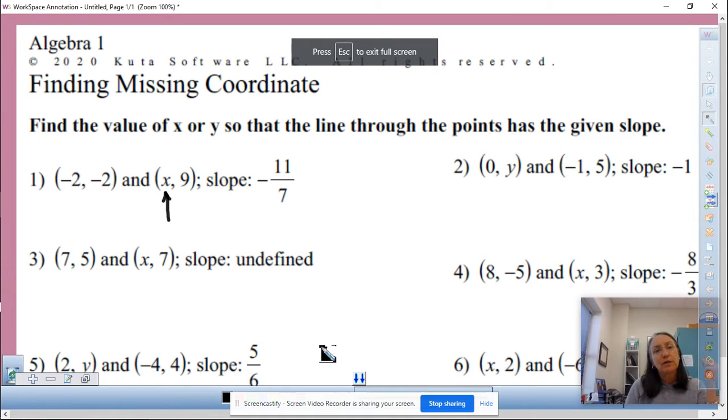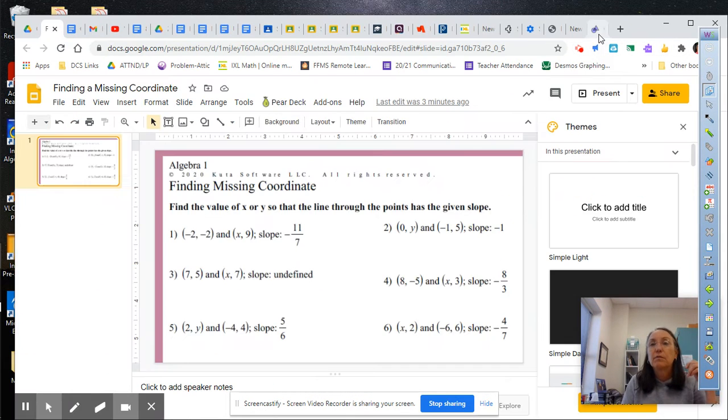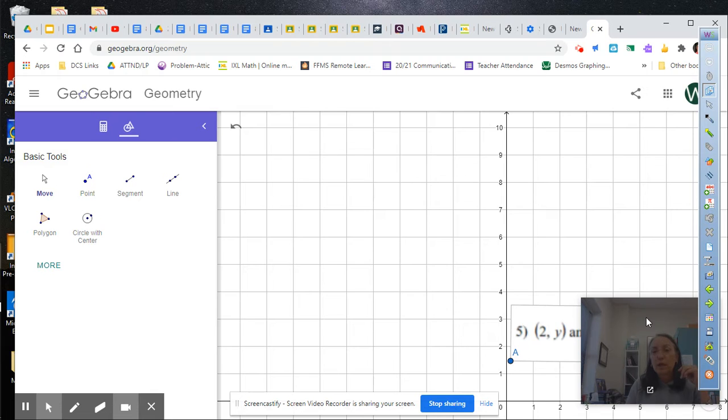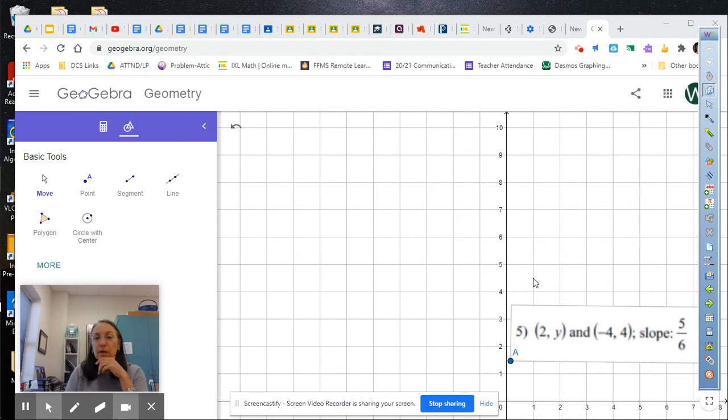So before I show you how to do this algebraically, I really want to show you what this looks like graphically. So go with me here for a minute to GeoGebra. And here I've got one of those problems we were just looking at, an incomplete point, a point here, and a slope.